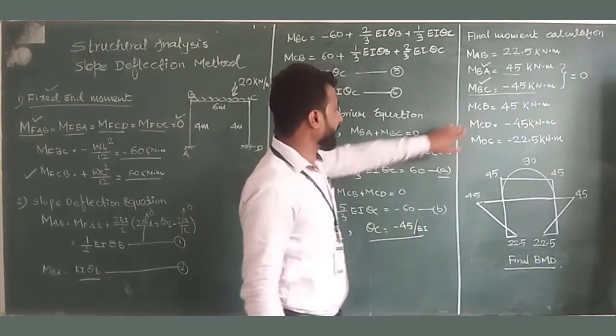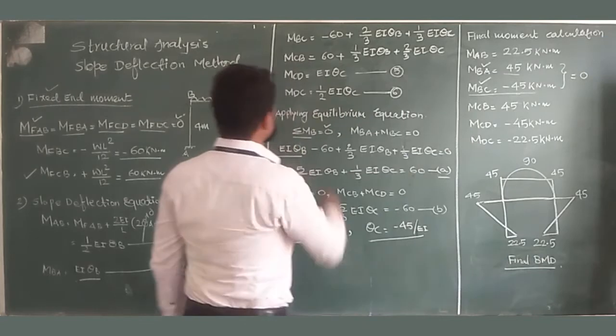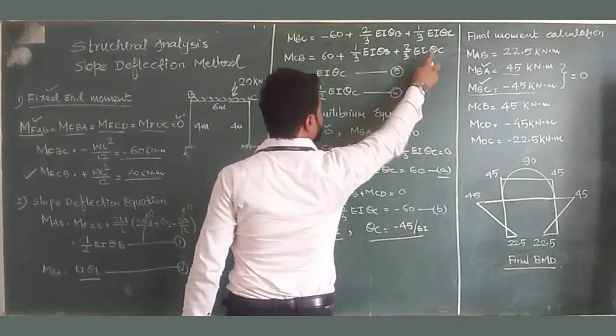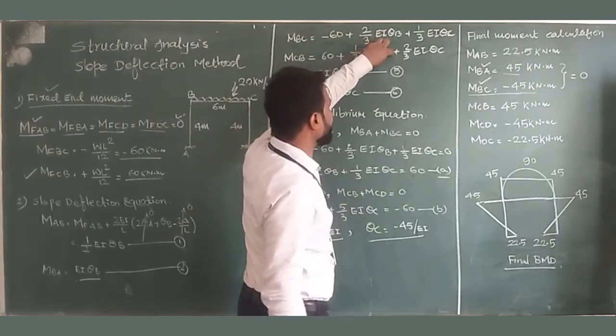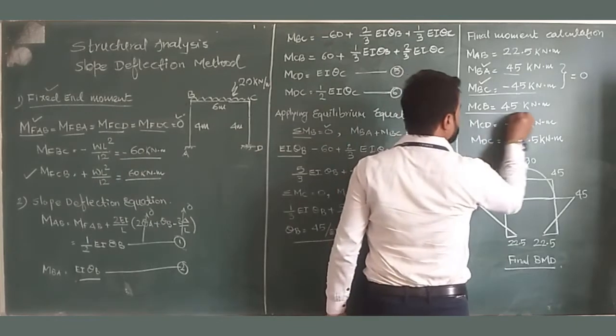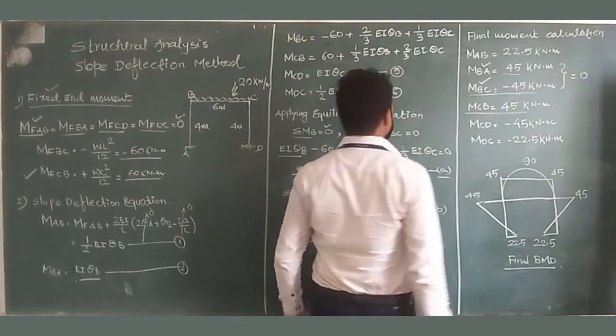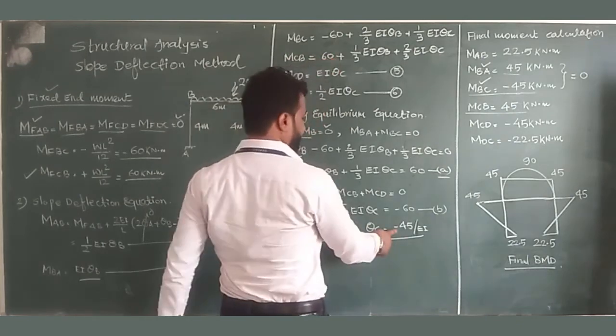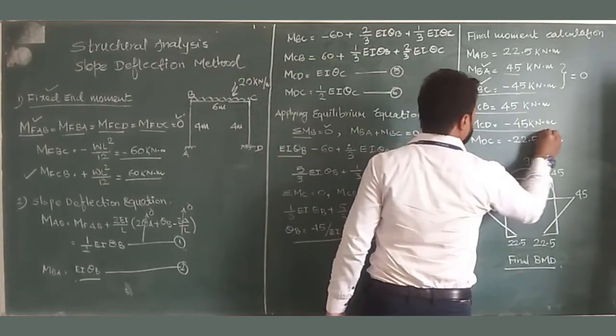Okay. So now calculate moment CB. Moment CB equation is 60 plus 1 by 3 EI theta B plus 2 by 3 EI theta C. Now putting the value of theta B as 45 and theta C as minus 45, we will get the value as plus 45 kilonewton meter. Now calculate MCD. EI theta C is minus 45, so we will write this as minus 45.